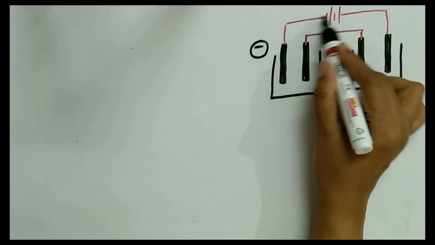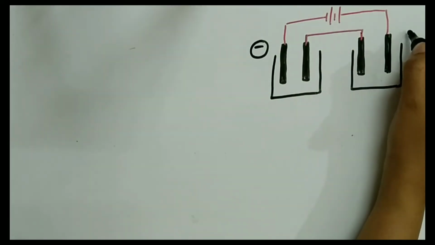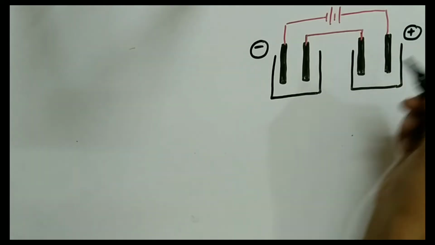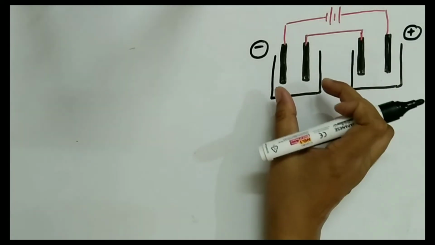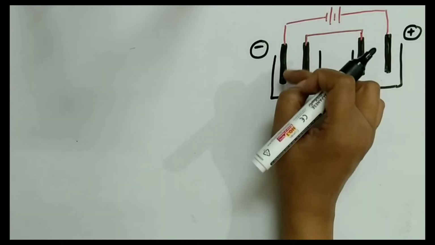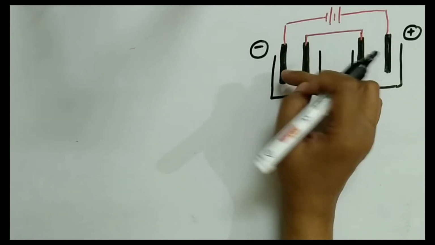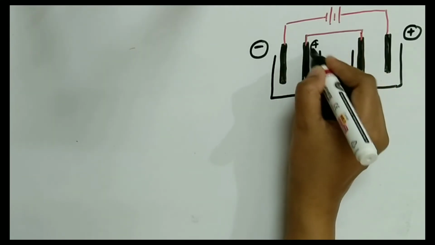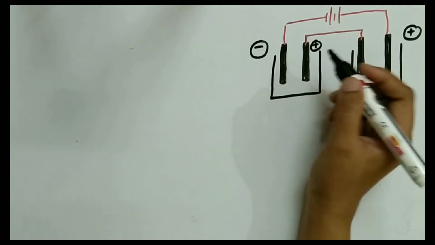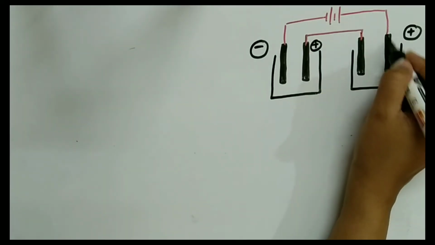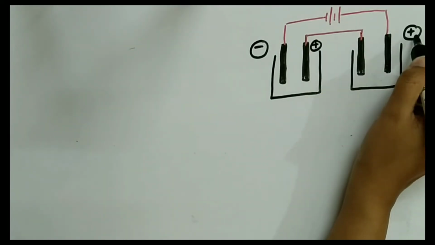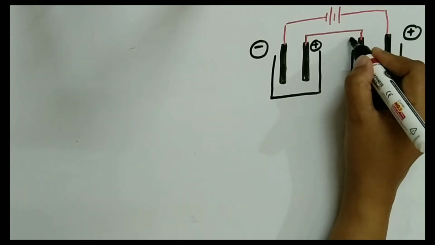The other electrode will act as positive, which is anode. Now, in one cell, if this electrode is acting as cathode, this will be anode. And in this cell, if the first electrode is acting as plus, that means anode, this will be cathode.